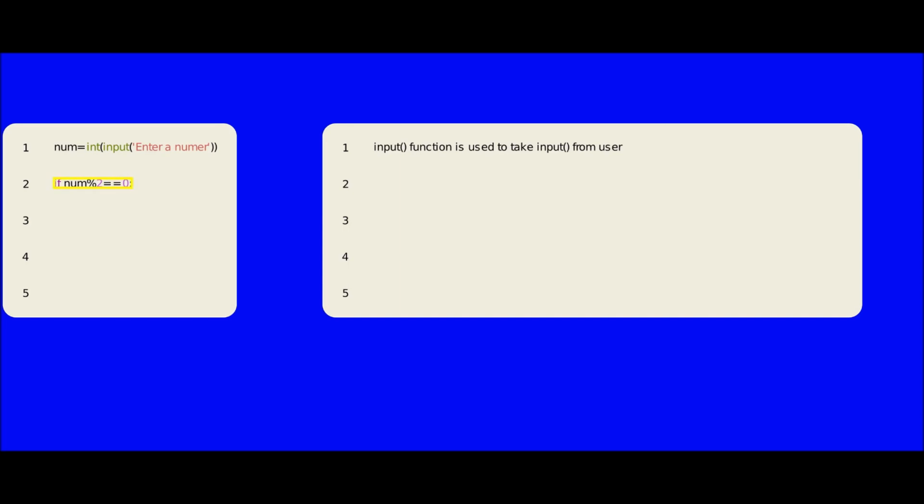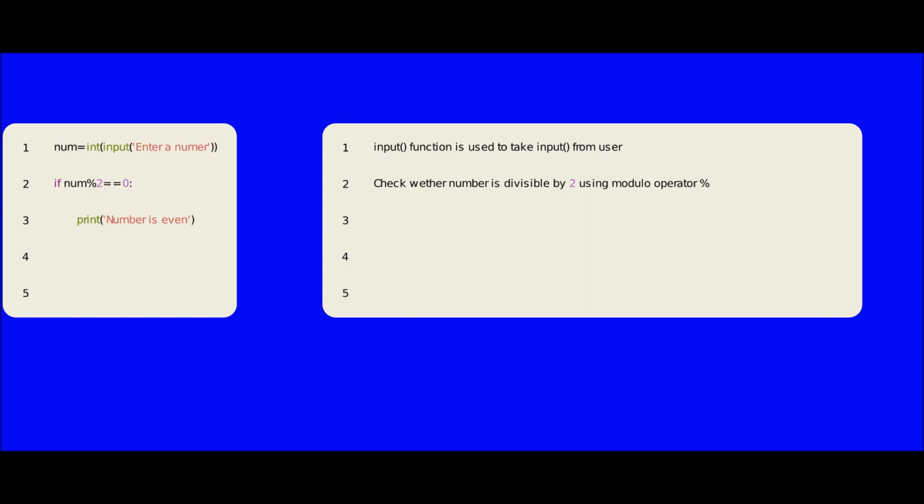Now see here: if num modulus operator 2 equal to 0, so if you take the value of num as 4, what will happen? Basically num modulus operator 2 would be equal to 0 and the block of if will get executed. That means it prints number is even.